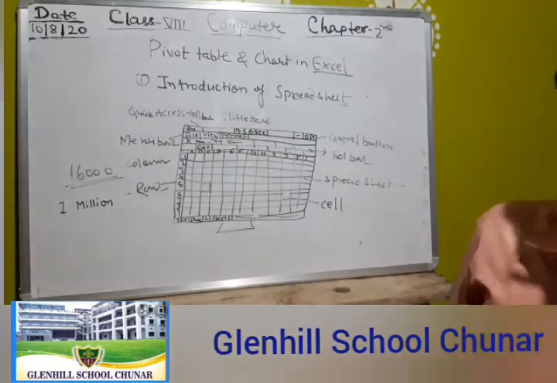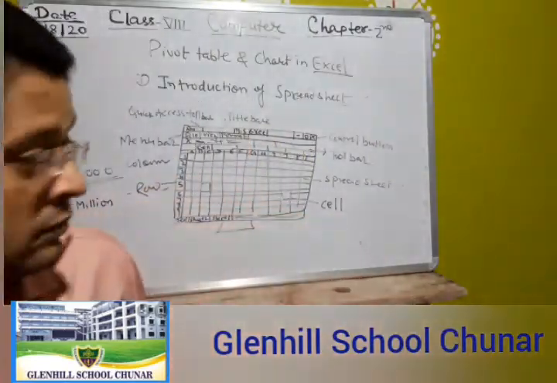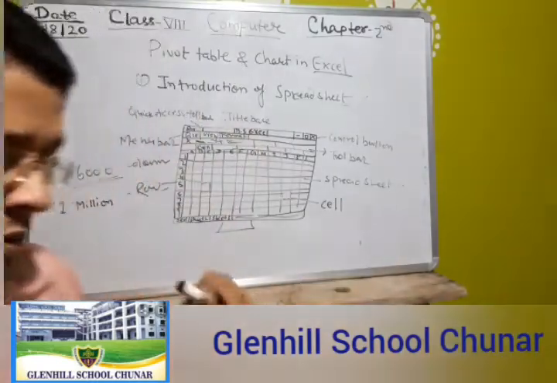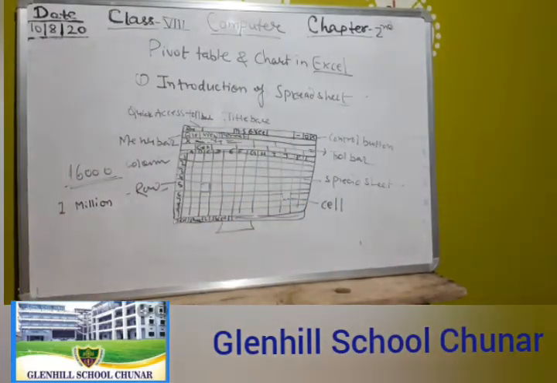Okay, student? So a cell is the intersection between a row and a column. In other words, where a row and column intersect, that creates a cell. Clear about the cell?